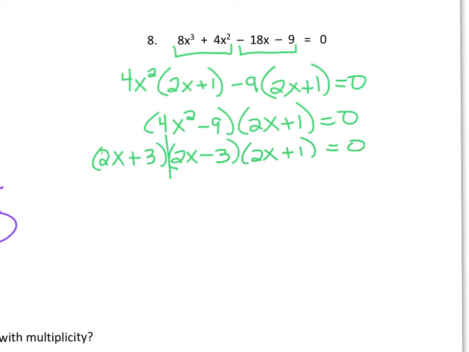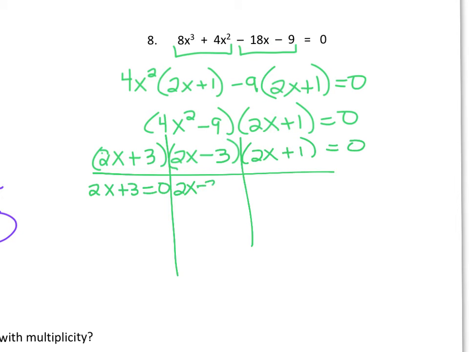Okay, so now if we separate all of our factors and set each one equal to 0, let's solve. Okay, so here we're going to subtract 3 and divide by 2, which leaves us with x equals negative 3/2.